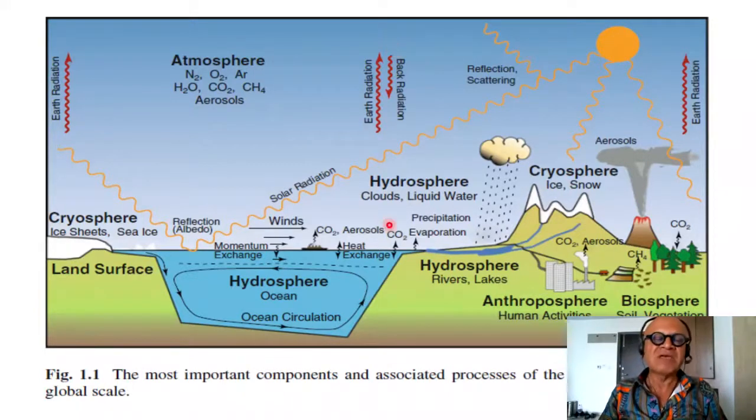And we have many details like albedo, the reflectivity. Ice and snow have high albedo, desert has a higher albedo than forests, for example. Then we have all the chemistry of greenhouse gases, and we have exchange between the vegetation and the atmosphere, not only of chemicals like carbon dioxide, oxygen, methane, etc., but also water vapor.